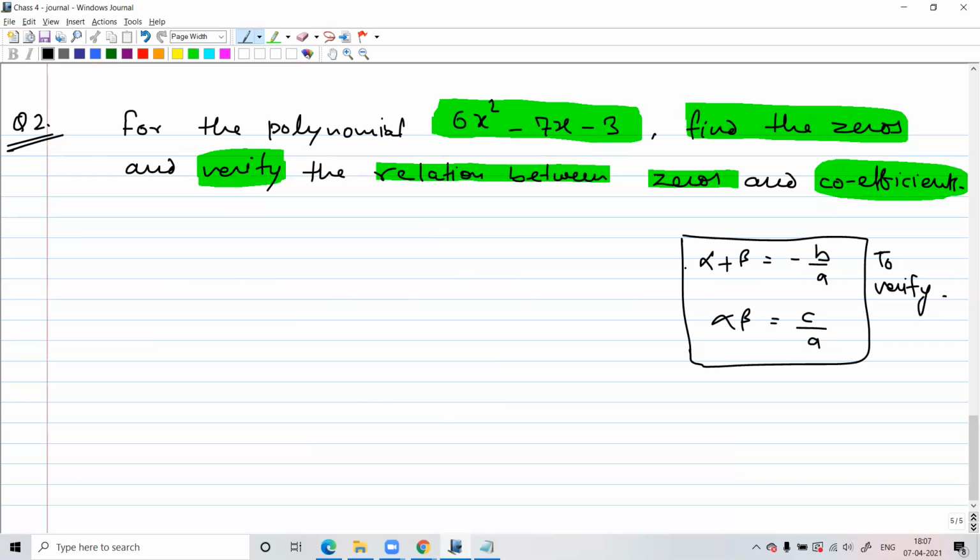Okay, so in this question, px is already given. Those of you who know how to solve this, you can start solving on your own. So px is given as 6x squared minus 7x minus 3. So ABC is very easy to find. What is my A here?